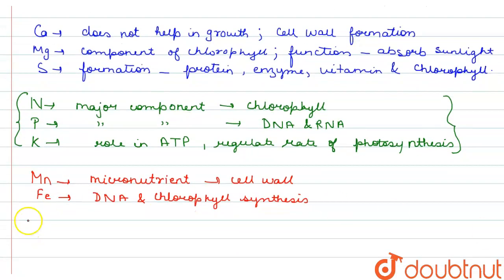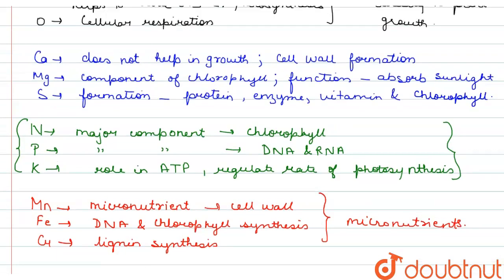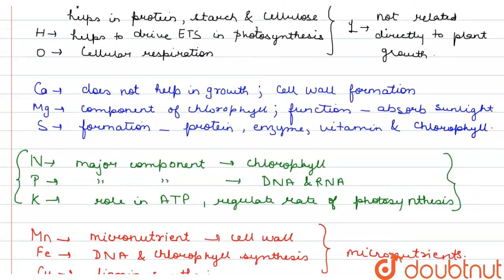And copper is used in lignin synthesis. So these three nutrients are micronutrients present in plants, and they do not regulate the growth, or they are not very necessary for plant growth, like they are not directly connected to plant growth.